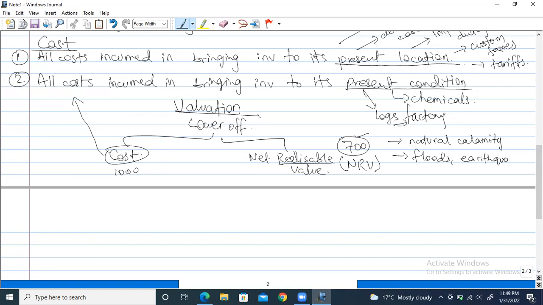This might damage the inventory, like a tsunami, a flood, an earthquake, or a hurricane. One more reason can be a sudden decrease in market value.